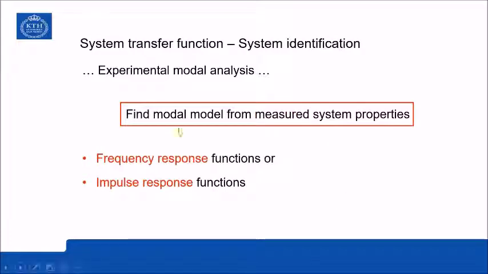And we will use frequency response functions or measured impulse response functions. So we will actually measure frequency response functions or impulse response functions and determine the system poles and mode shapes from these measured data. That is the basic task in experimental modal analysis.